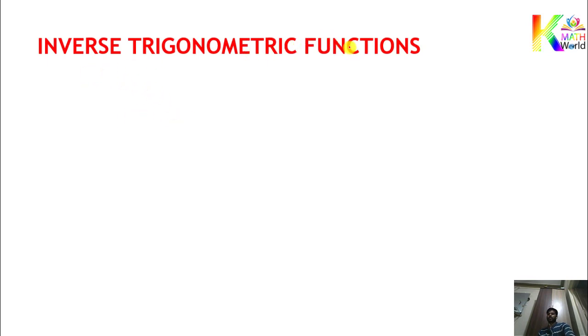Inverse trigonometric functions. This is the title of our lesson. You can see here the word inverse function. So what is the definition of inverse function? Firstly, whatever the function, it should be 1 1 and onto. If a function is 1 1 and onto, then its inverse exists.